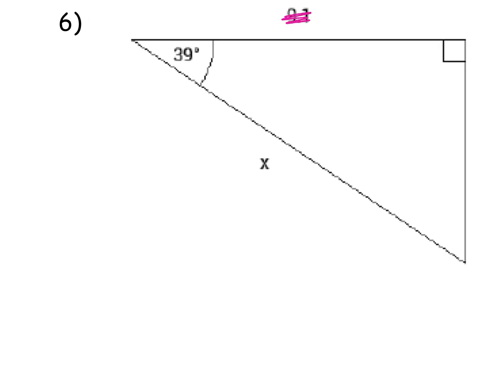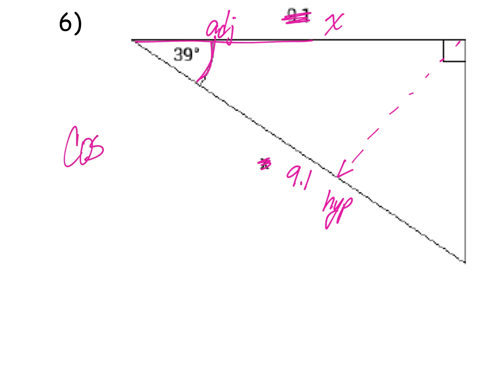So again, we're going to switch these. So this should be 9.1 and this should be x. So here's my angle, my hypotenuse, and it makes the angle. So this is the side adjacent. So cosine of 39 equals x over 9.1.